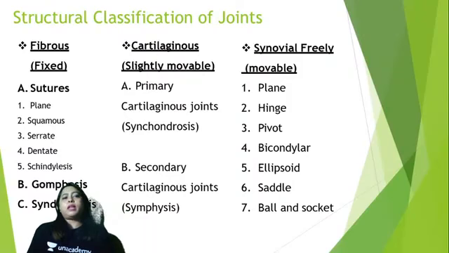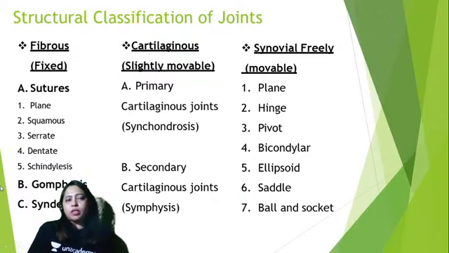Okay, let's move ahead. Next one is cartilaginous type. Cartilaginous type is slightly better, that is, a little movable. So it comes under the category of slightly movable joint. Now here, there are three types of cartilage: elastic cartilage, hyaline cartilage, and white fibrocartilage.